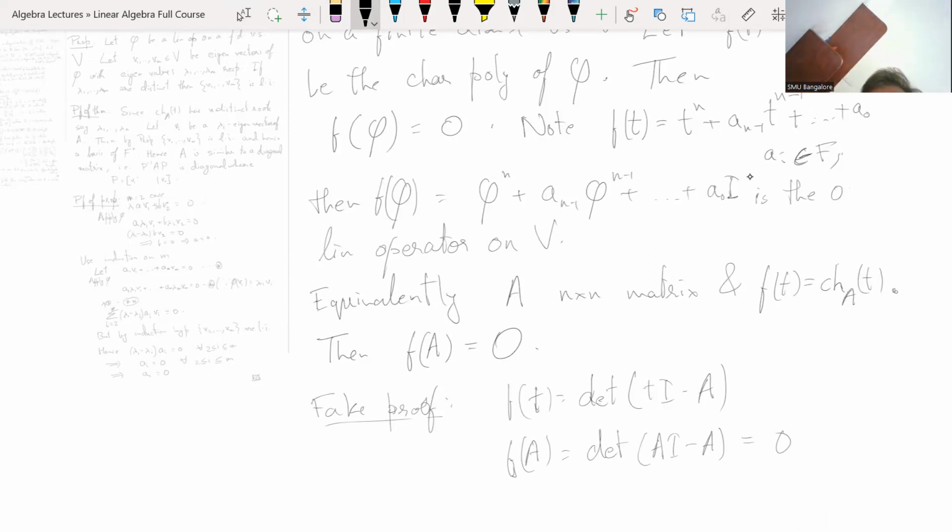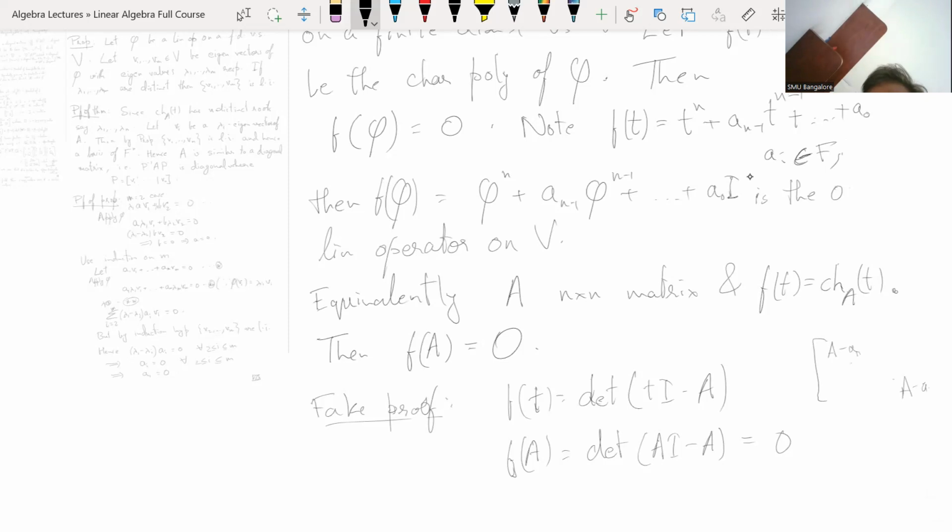The point is, this is a polynomial, though it's written as a determinant. tI minus A is a matrix and you're trying to take the determinant of this thing. When you plug in the capital A, it doesn't remain a matrix; the entries of this matrix are matrices.